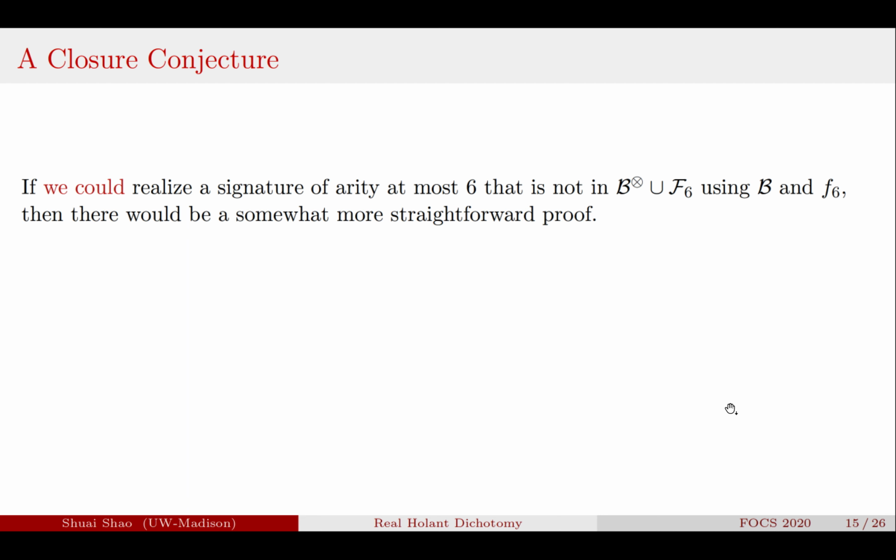So with this lemma in hand, if we could realize a signature of arity at most 6 that is not in the union of the tensor products of biobinary signatures and this special family script F sub 6, then there would be a more straightforward proof, because now we can realize a signature which gives us the sharp-P-hardness directly.